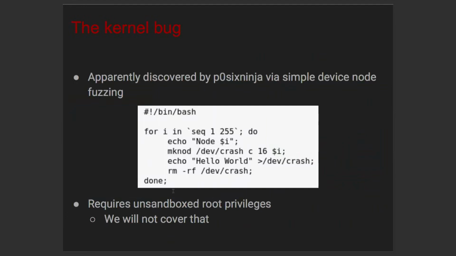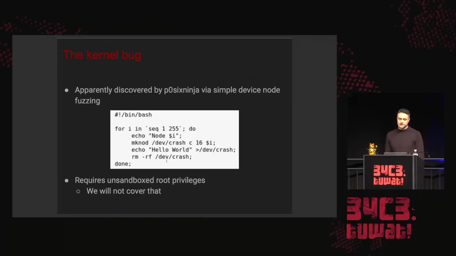As I mentioned, the kernel bug that the Evasion 7 untethered binary was based on was found by POSIX Ninja. And as far as he says on that iPhone wiki page, he used a 6-line bash script fuzzer to find it. As you can see, he basically creates device nodes with controlled arguments, like minor and major numbers.